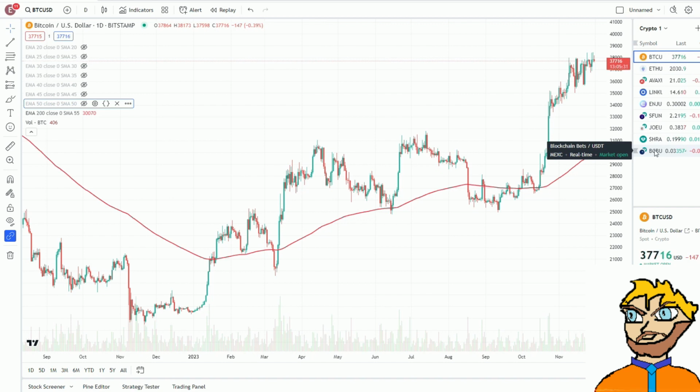If you got 5 candles not touching the line on the downside, then the 200-day moving average will act as a resistance. And then you got the 50-day moving average as an indicator when it crosses the 200-day moving average line. To the downside it's bearish, to the upside it's bullish.